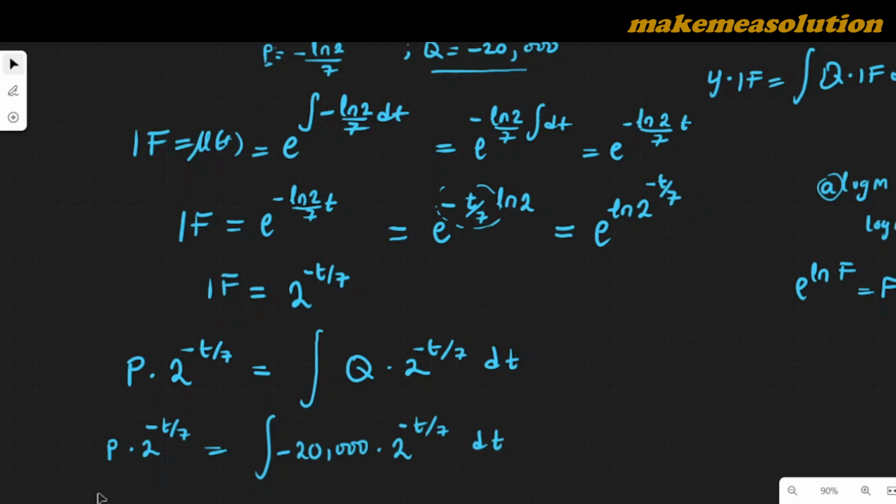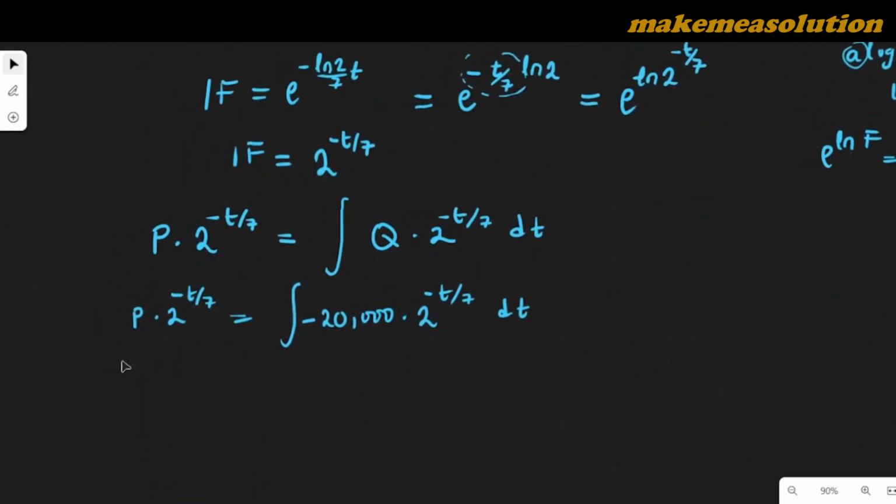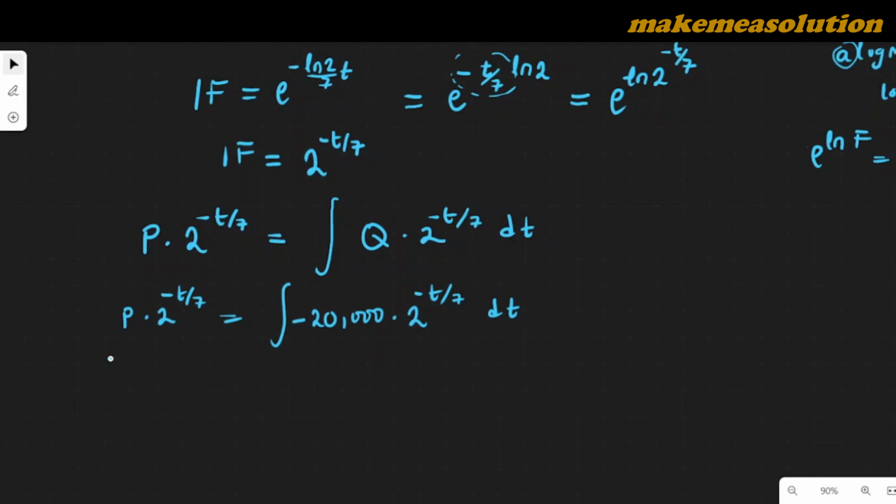So let's see how we are going to resolve this particular problem. How do we resolve this? P times 2 to the minus t/7 is still the same thing as negative 20,000 integral of 2 raised to the power of minus t/7 dt.